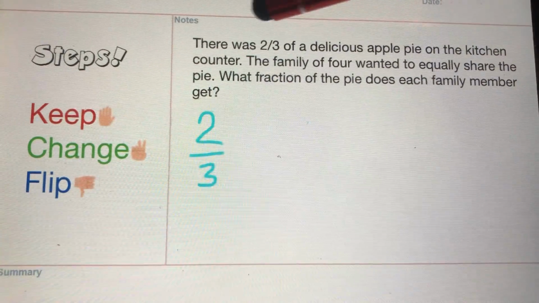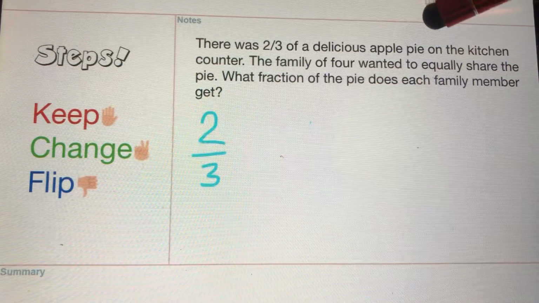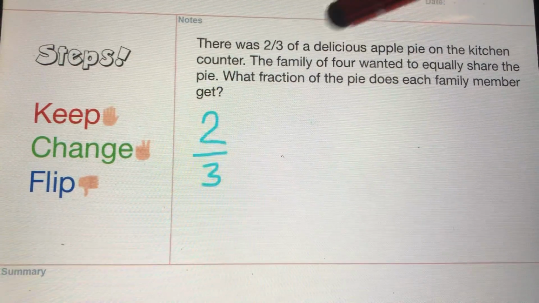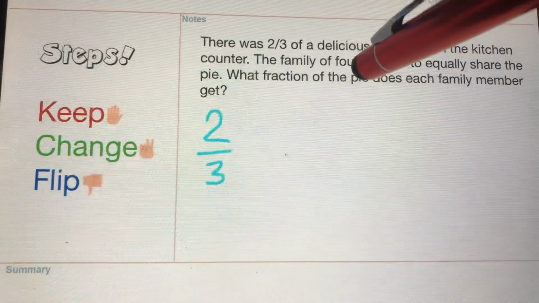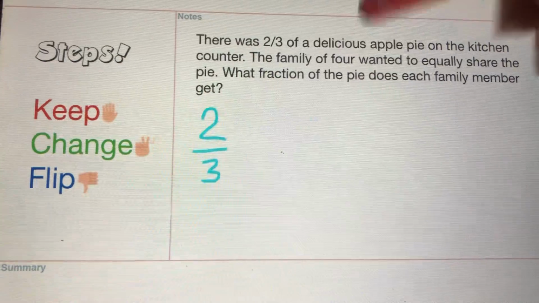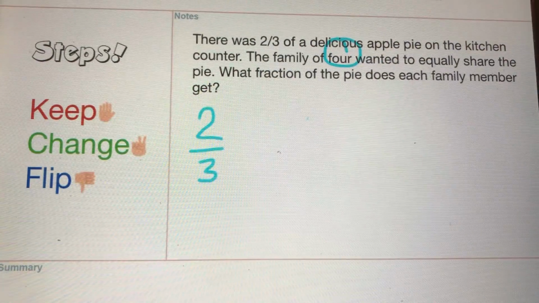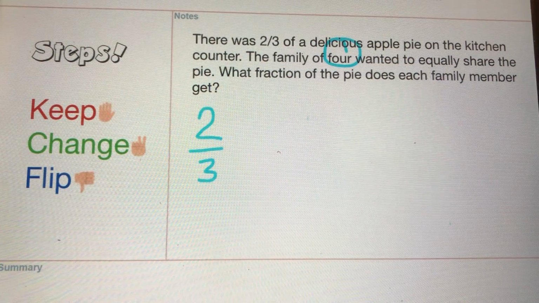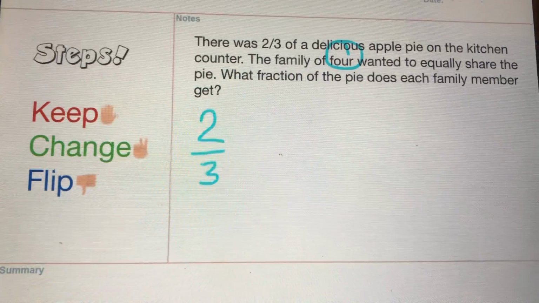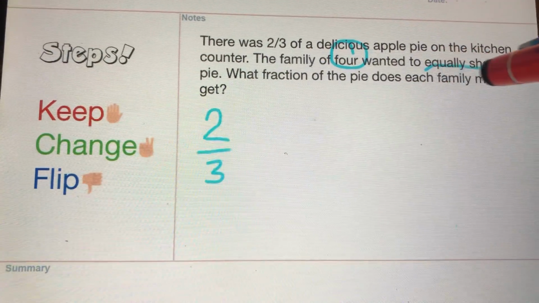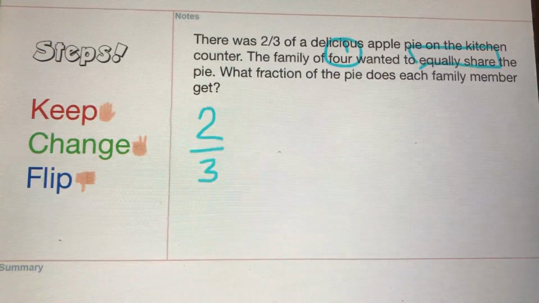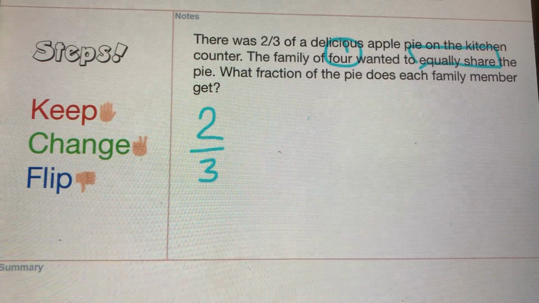So we got 2/3 of the delicious pie on the kitchen counter. The family of 4. See that? 4. That is the other number we're going to use. Then we want to look for our keywords. Here we have equally share. So we already know, boom, we're going to divide.